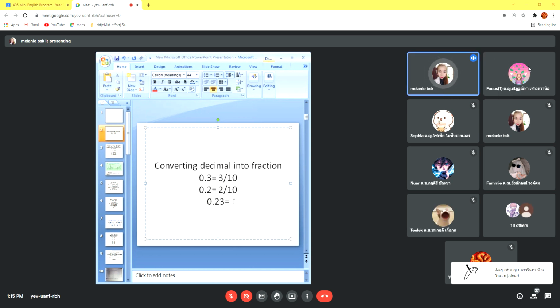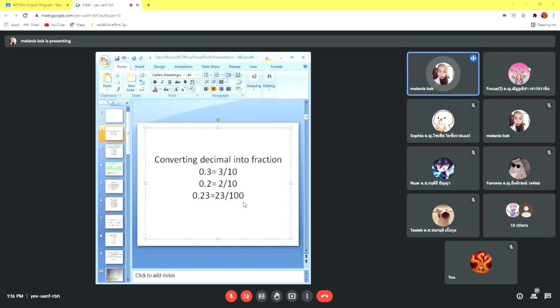How are you going to write it, children? 3 is in the hundredths place, right? So what would be your denominator? Okay, so if you're going to write this one, that would be 23 over, since 3 is in the hundredths place, you're going to write 100.